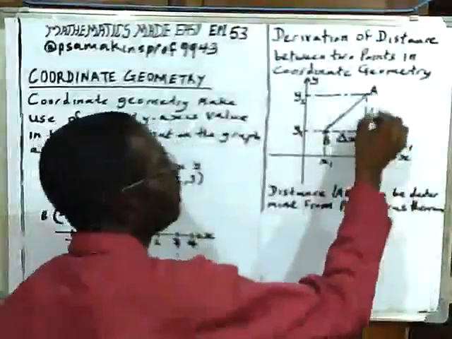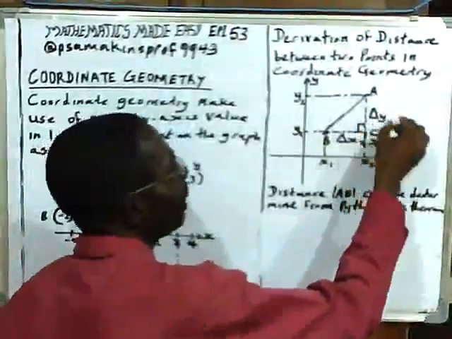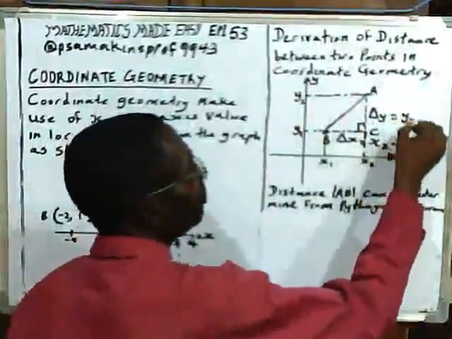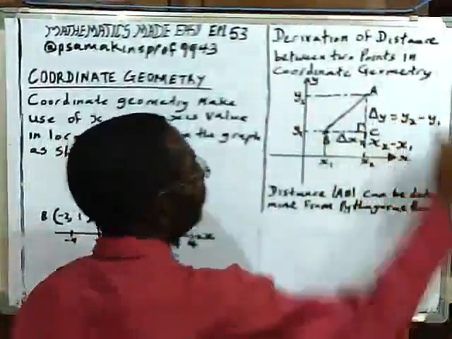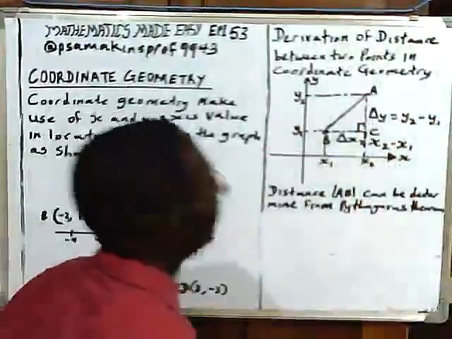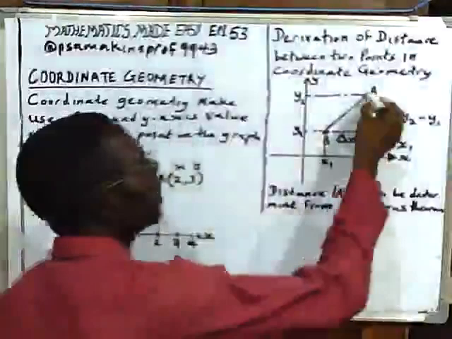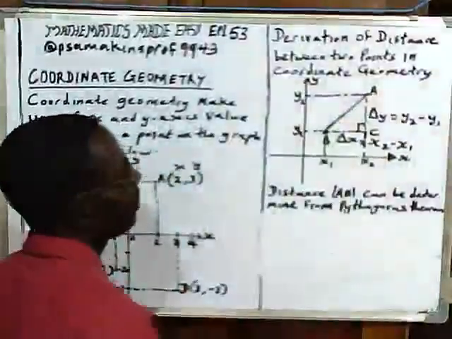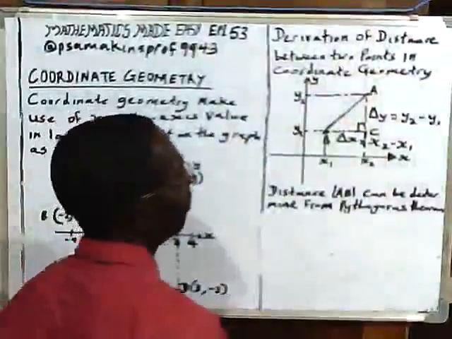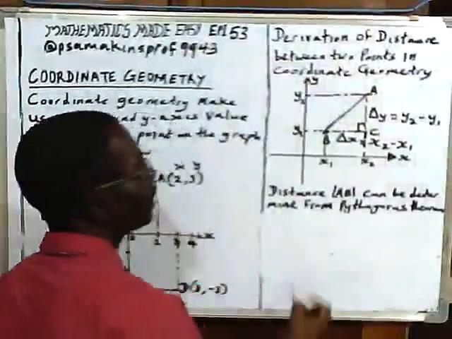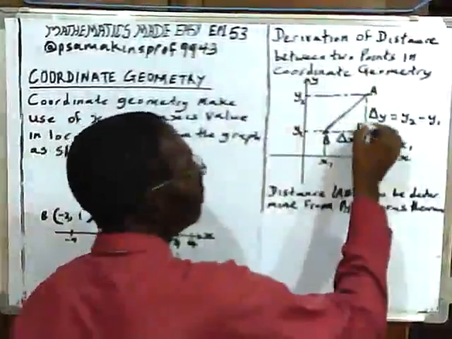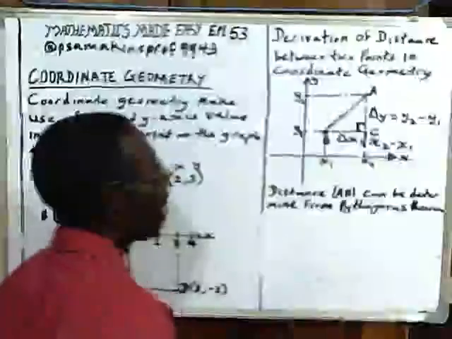Then we have change in y here, which is y2 minus y1. So we can get the distance between these 2 points by making use of Pythagoras theorem, since this one is at right angle.